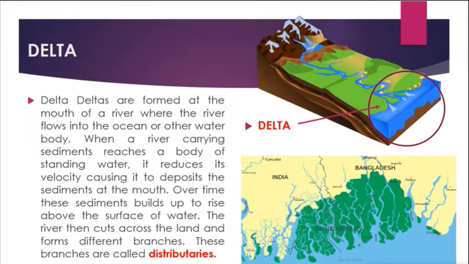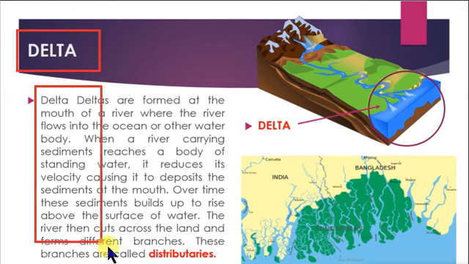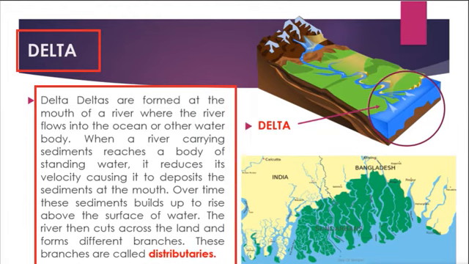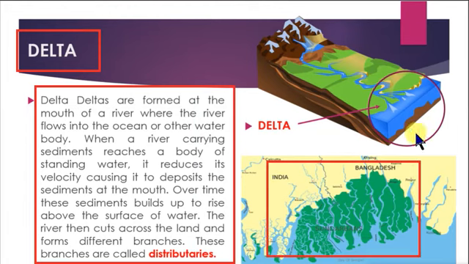Now let us see what a delta is. Deltas are formed at the mouth of a river where the river flows into the ocean or other water body. When a river carrying sediments reaches a body of standing water, it reduces its velocity, causing it to deposit the sediment at the mouth.